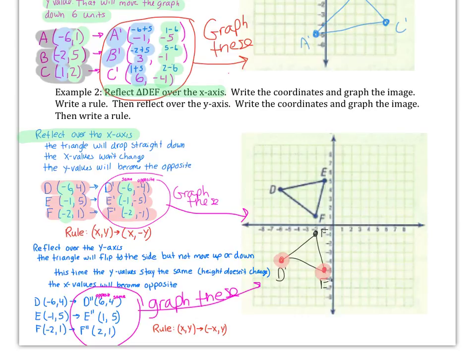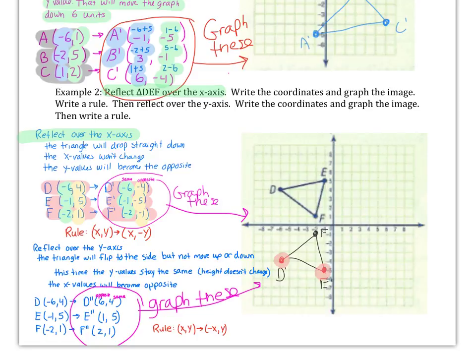All we did was drop it down below the x-axis. This triangle was up above the x-axis with the positive y values. We reflected it below the x-axis where all the y values are negative. So your y value of 4 changed to negative 4. Your y value of 5 changed to negative 5, and your y value of 1 changed to negative 1.